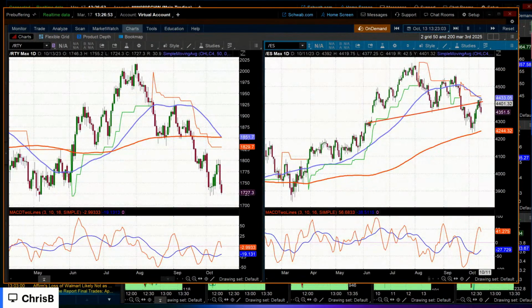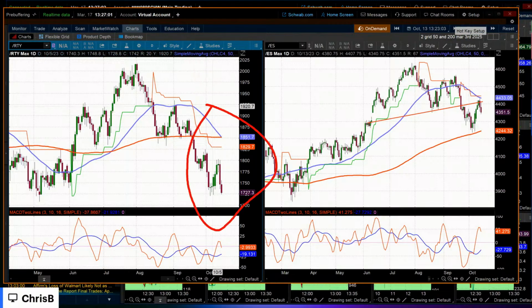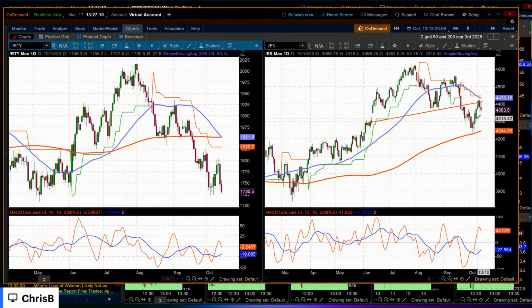See that? Was there a trigger to short? Yeah, number one, the thing that made you go down in the first place on the left resumed the downtrend. So keep that in mind. It resumed the downtrend, which made it more likely this was going to resume the downtrend. That's number one.